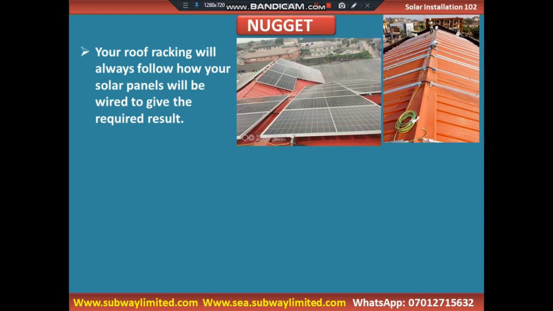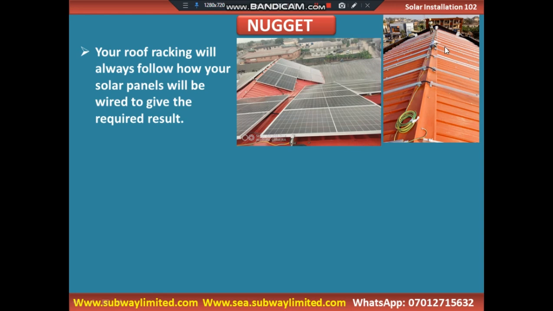We have been seeing some people install solar panels on top of the roof without using solar rails. This is our racking system. These are solar rails. What is the importance of using the solar rails?